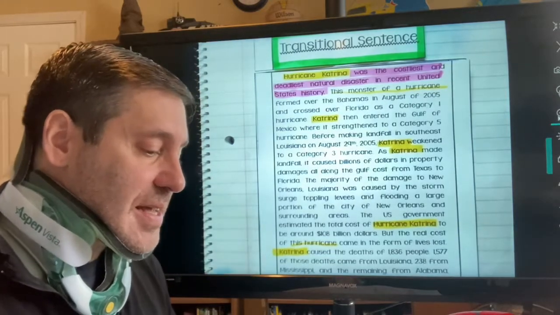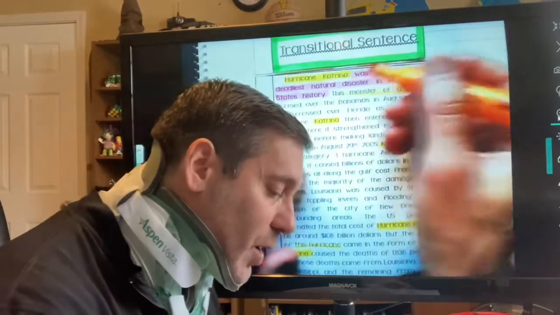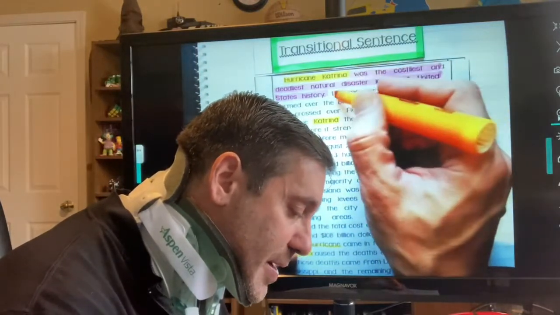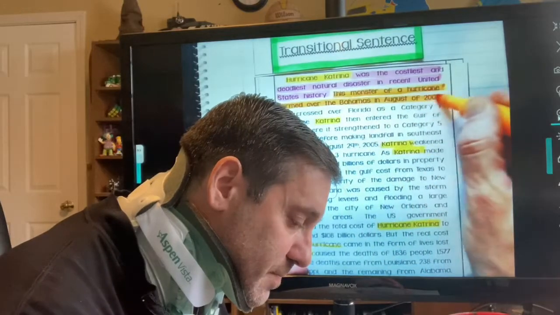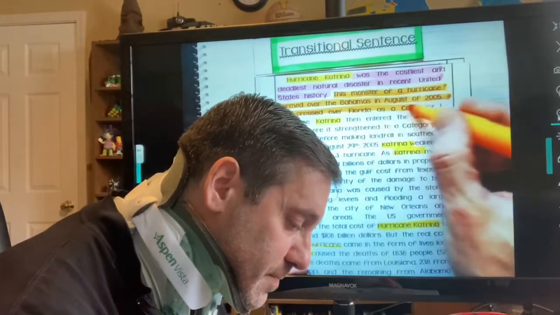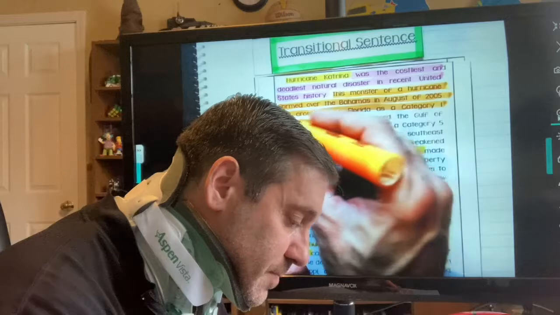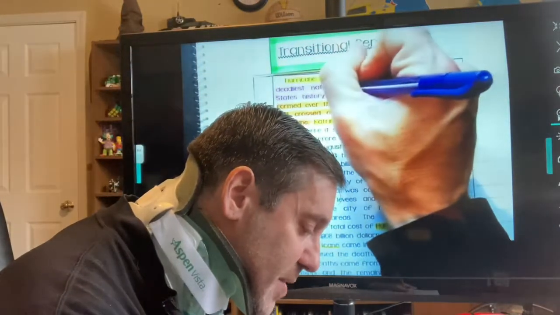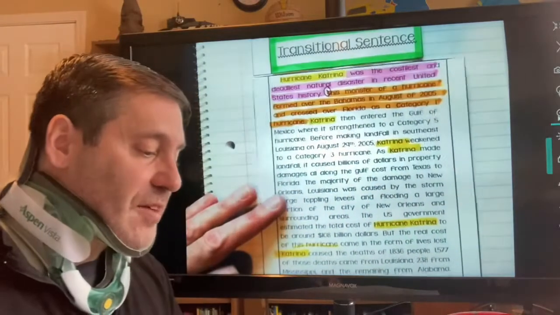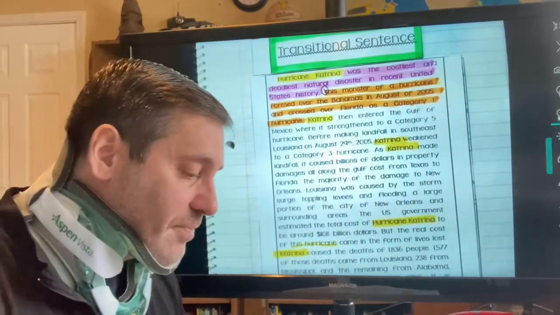This sentence is a detail about what Hurricane Katrina is. So I would highlight this sentence orange. And I would label it 1 because this is my first detail giving me a physical description of the hurricane.